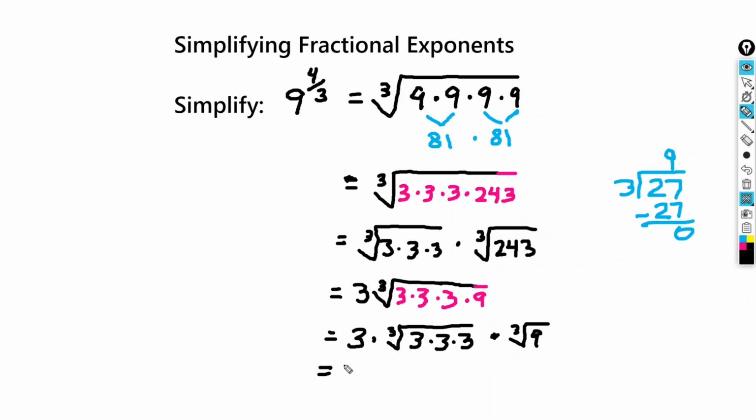So this becomes 3 times 3 times the cube root of 9. Now, 9 is 3 times 3, but we are looking for a cube root, so we really can't break 9 down. But we can multiply 3 times 3, so that's 9. And we have 9 times the cube root of 9.